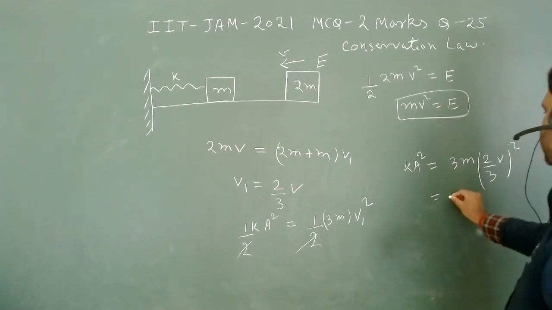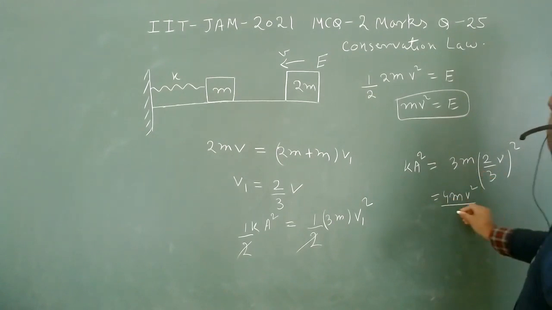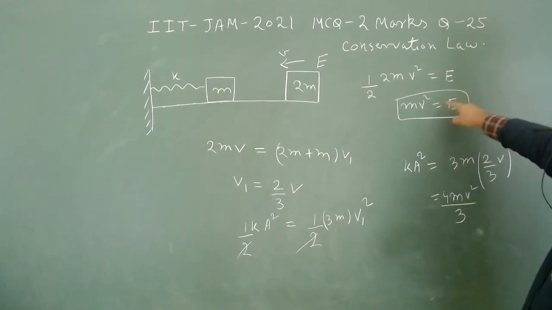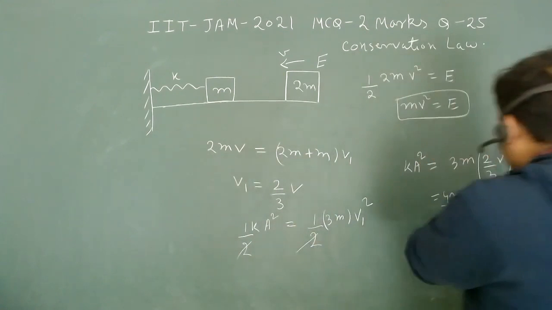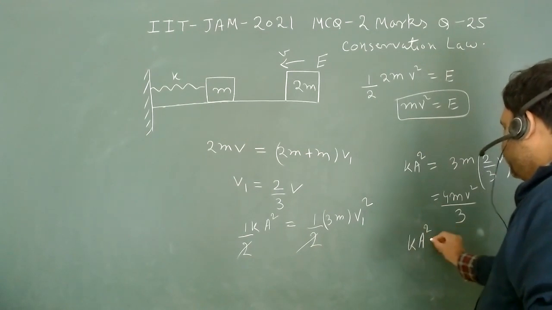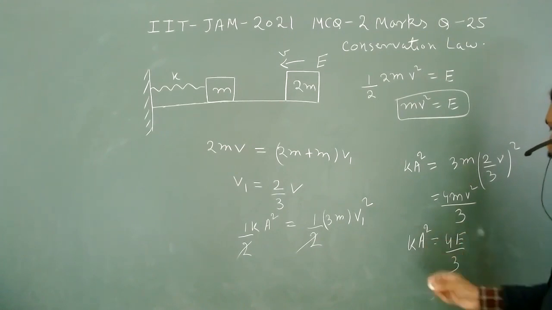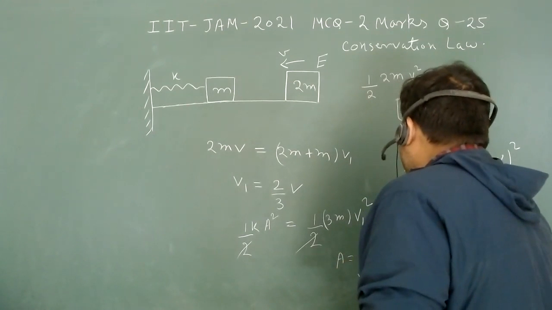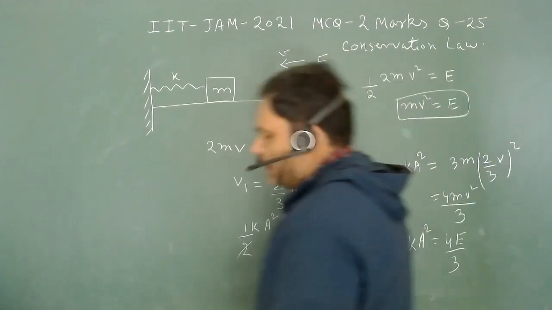So this value is 4 mv square upon 3, and I can put mv square equal to E. This is the thing we have to keep in mind, that I have to give the answer in terms of E and K. So I can write K A square is equal to 4E upon 3. So the value of A is given by the square root of 4E upon 3K. So this will be the answer.